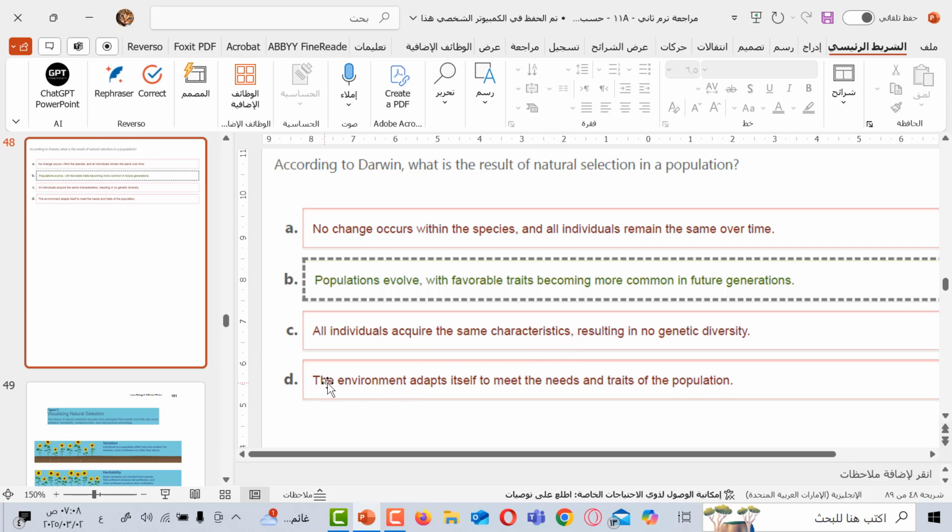No. The environment adapts to meet the needs and traits of the population? No. The population evolves with favorable traits becoming more common in future generations. Okay, this is the true one and the others are false.